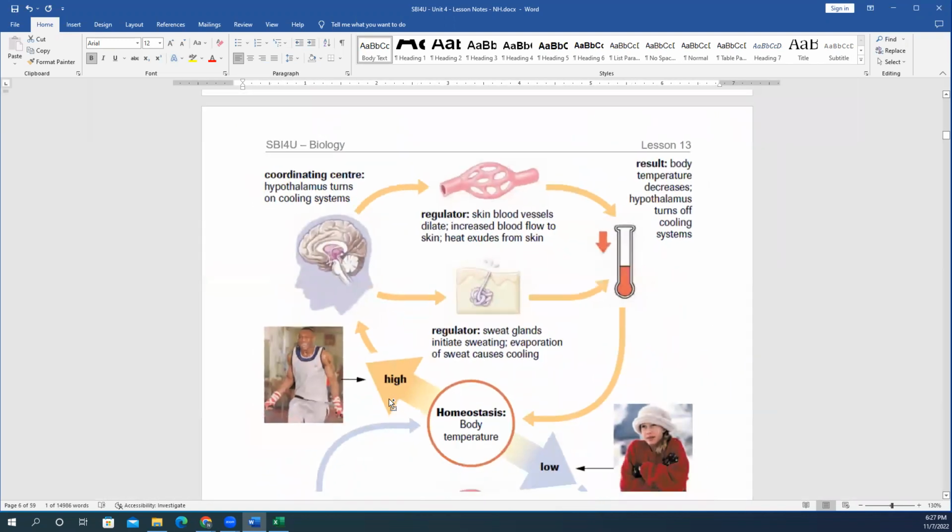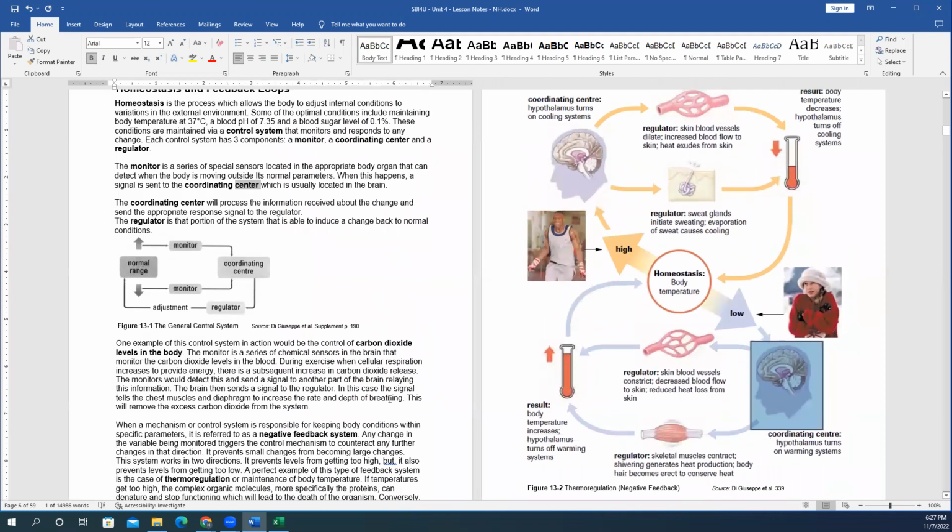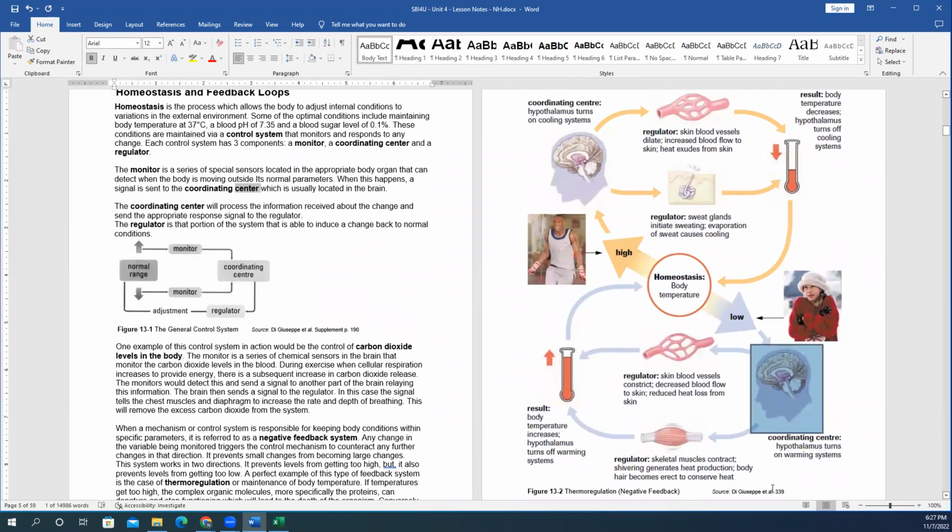And here in this diagram, which is actually directly from your textbook, it shows this concept of negative feedback for thermal regulation. So here at the center, we have the homeostasis of the body temperature. This is an ideal temperature that we would want to keep our body at. And what happens if it goes too high or too low? So for example, if it goes too high, then a signal is sent to the coordinating center in the brain.